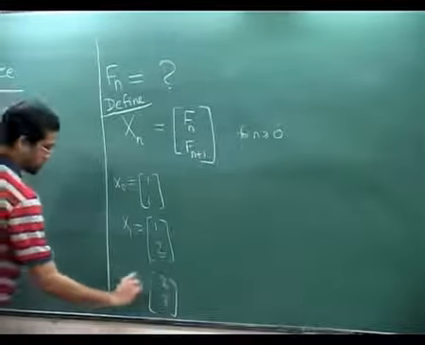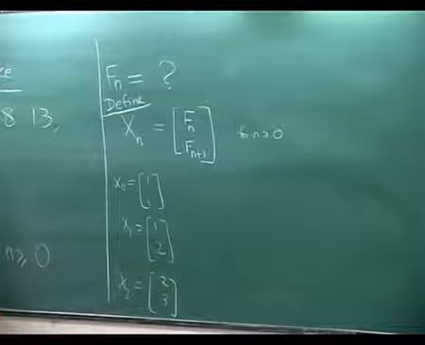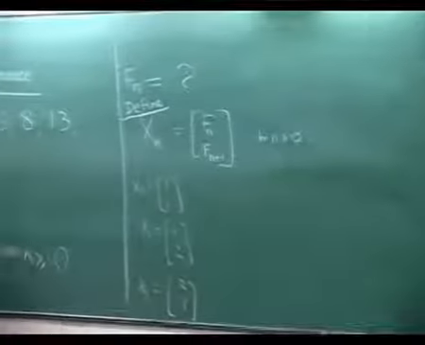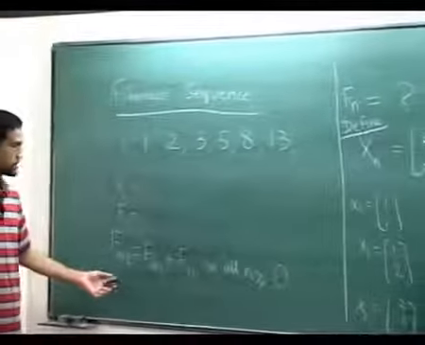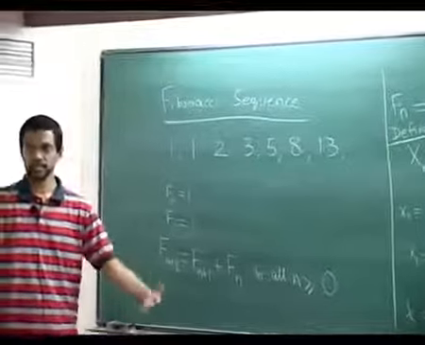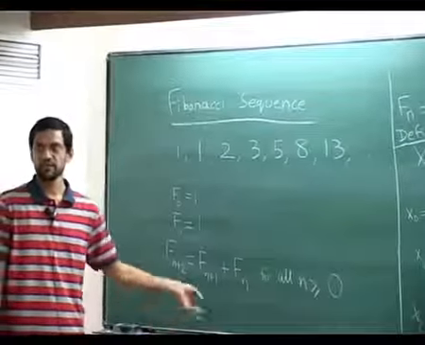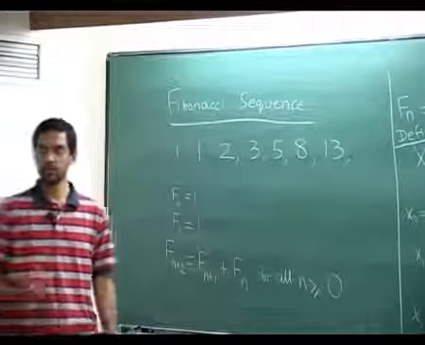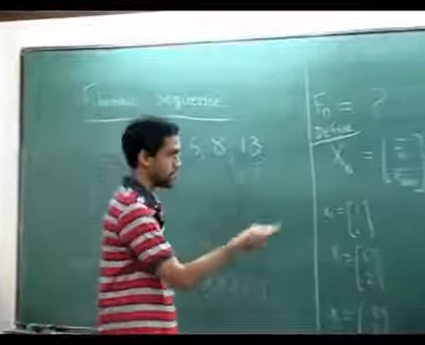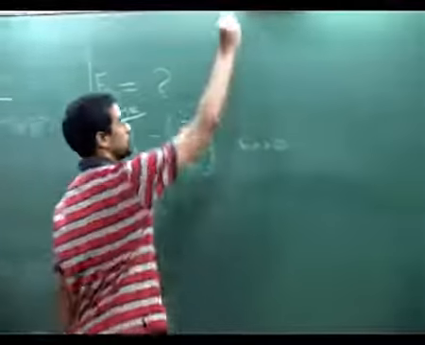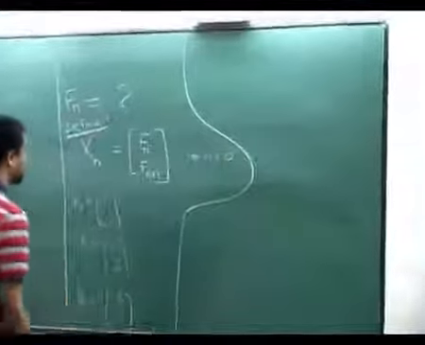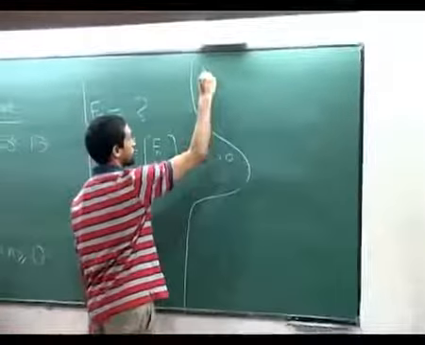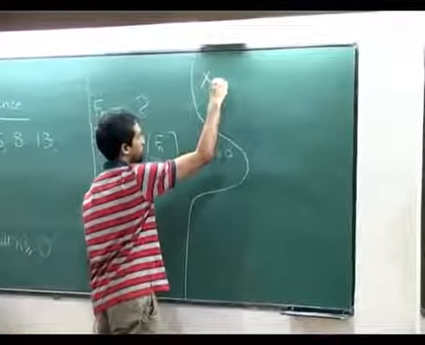Now let's again ask the following question. Since I have a rule which tells me how to get the next f n from the preceding f n's, let's find a rule that tells you how to get the next xn from the preceding xn's. So in particular, suppose I look at xn plus 1.